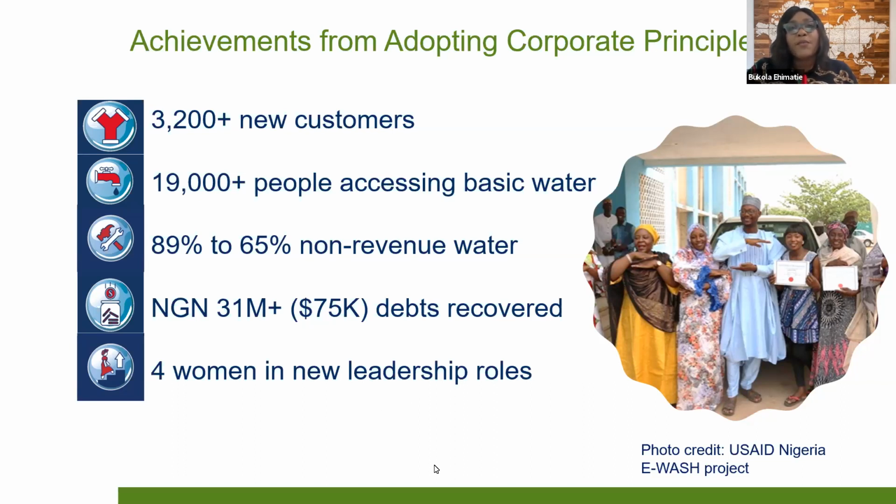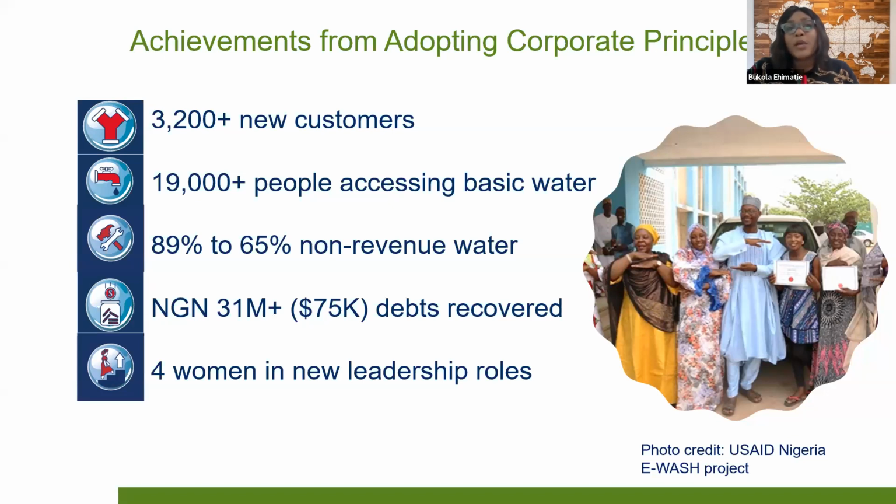With these efforts, the agency was able to increase the number of customers by over 3,200 new customers just in the space of getting the autonomy to act as a more business-oriented organization. The organization was now more accountable to stakeholders, preparing audited financial statements and utilizing an electronic billing and collection system to better track customer payments.